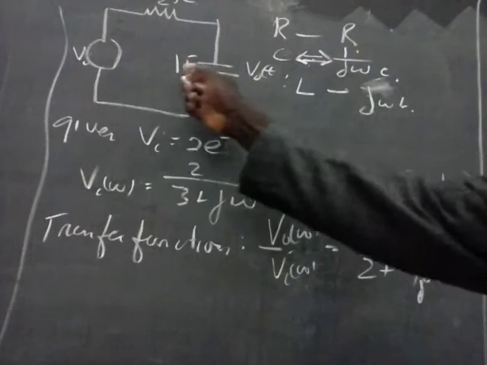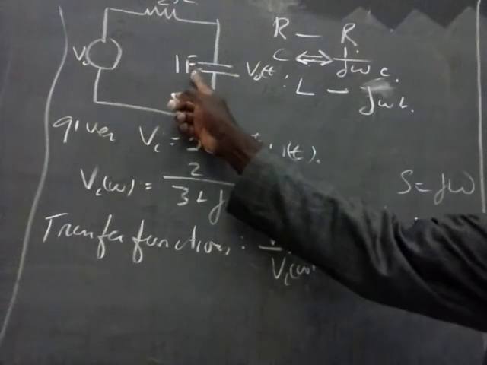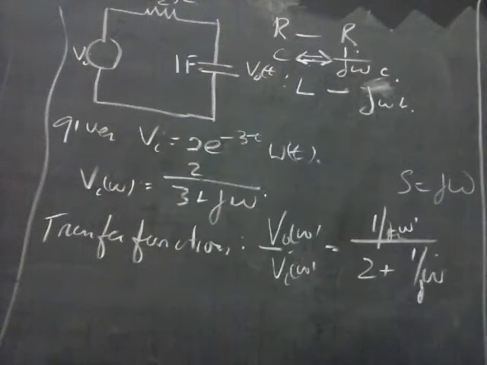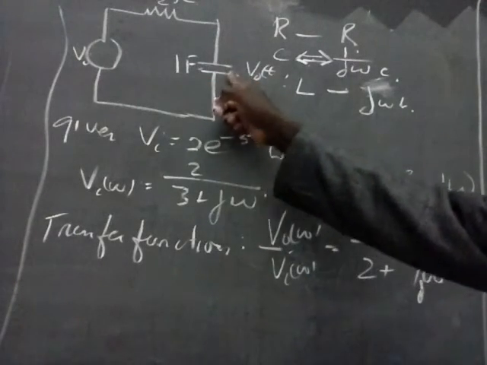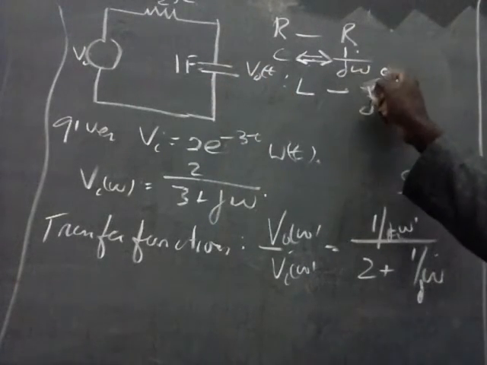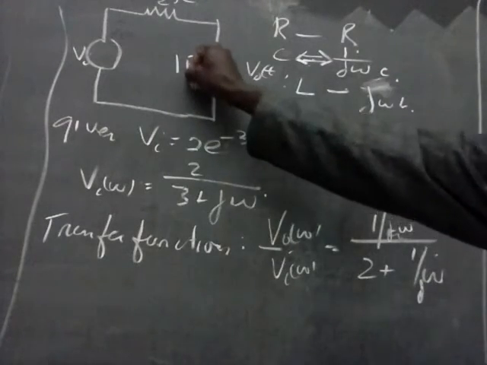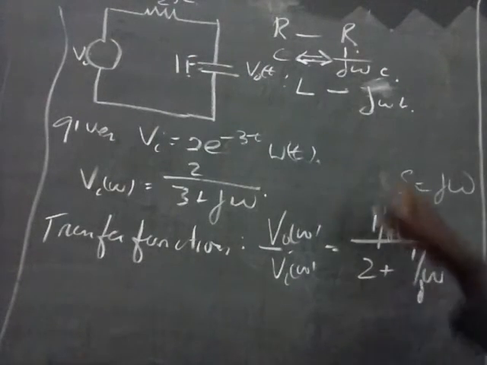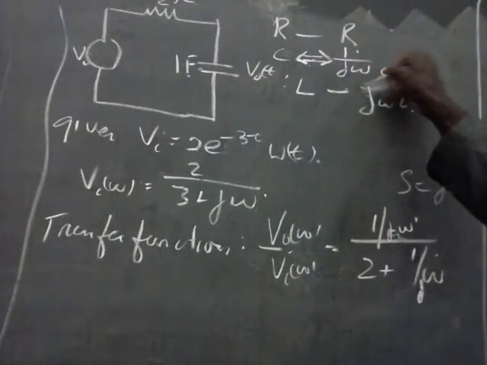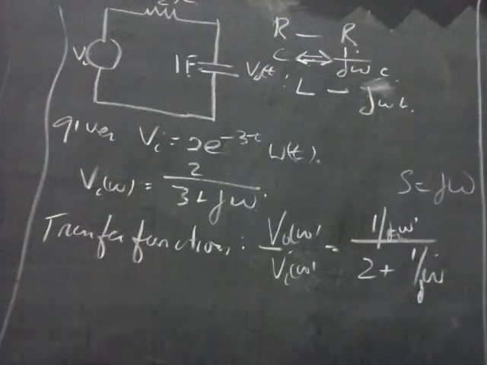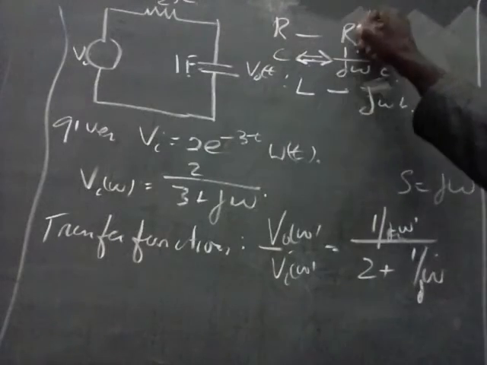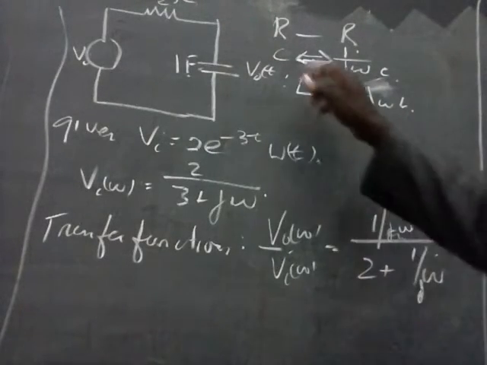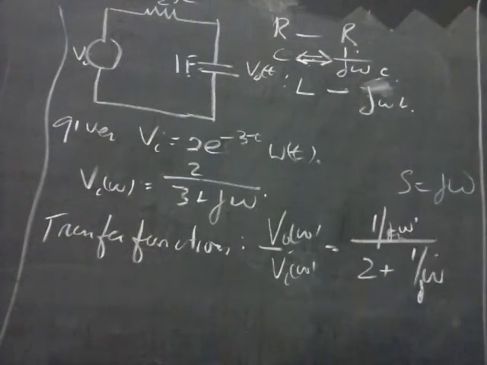So for V0, we have 1 farad here, so the capacitance will be 1 over j omega c, but c is equal to 1, so it's 1 over j omega. All right? And resistance remains the same, R goes to R, and inductance is j omega L, but we don't have any inductance in this circuit.